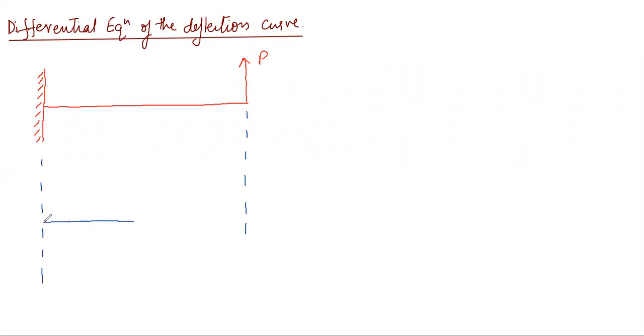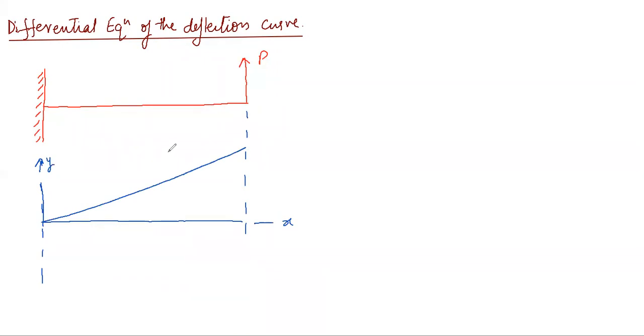Let us see. So this will be your y-axis, this will be your x-axis. When a point load is applied at the free end, or you can say at the extreme end of the cantilever beam, it will deflect something like this, right?